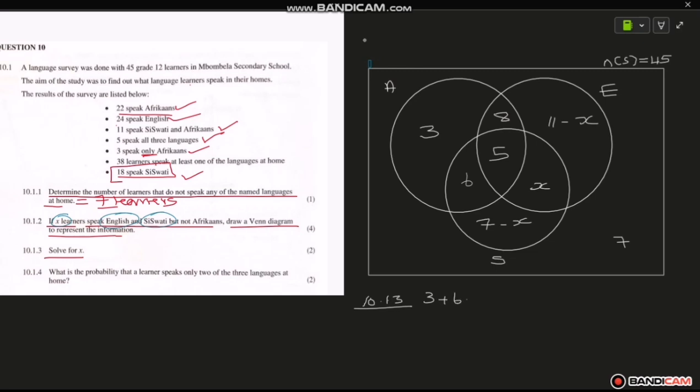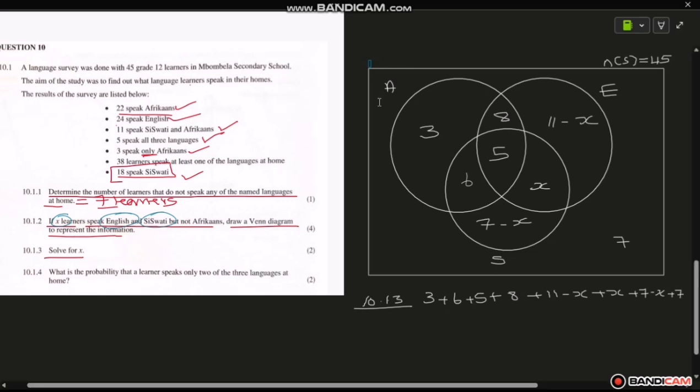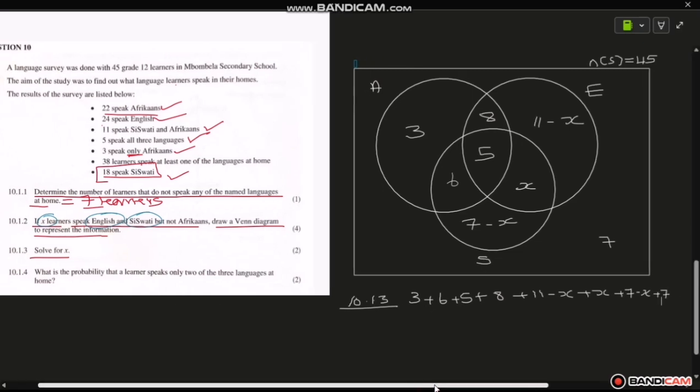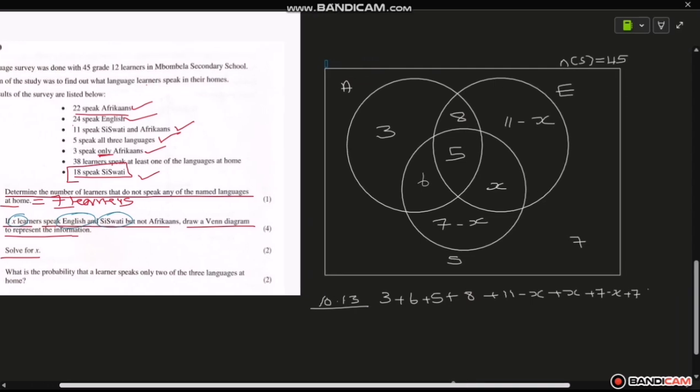3 plus 6 plus 5 plus 8 plus 11 minus x plus x plus 7 minus x plus 7. Then let me shift my screen. Okay, equal to the sample space, which is 45. Therefore, we're going to add all of these numbers: 3 plus 6 plus 5 plus 8 plus 11 plus 7 plus 7.